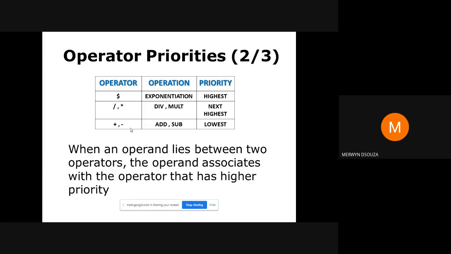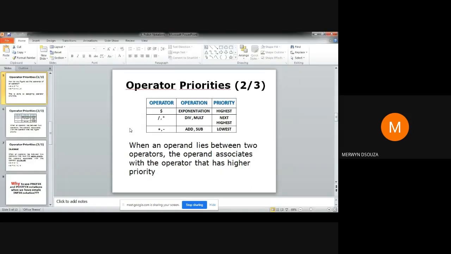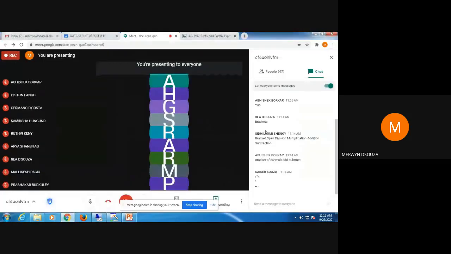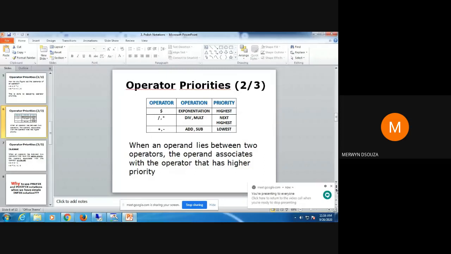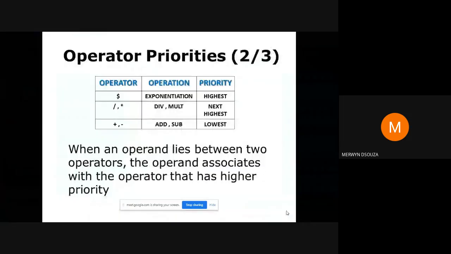Now some of you must be thinking, when we discussed the BODMAS rule, it was said, as Siddhi Lakshmi correctly said, that brackets are to be solved first. But you can see in my table there are no brackets. Where is the priority for the brackets? The reason for not giving priority to the brackets is that brackets are needed only in infix expressions to give priorities.